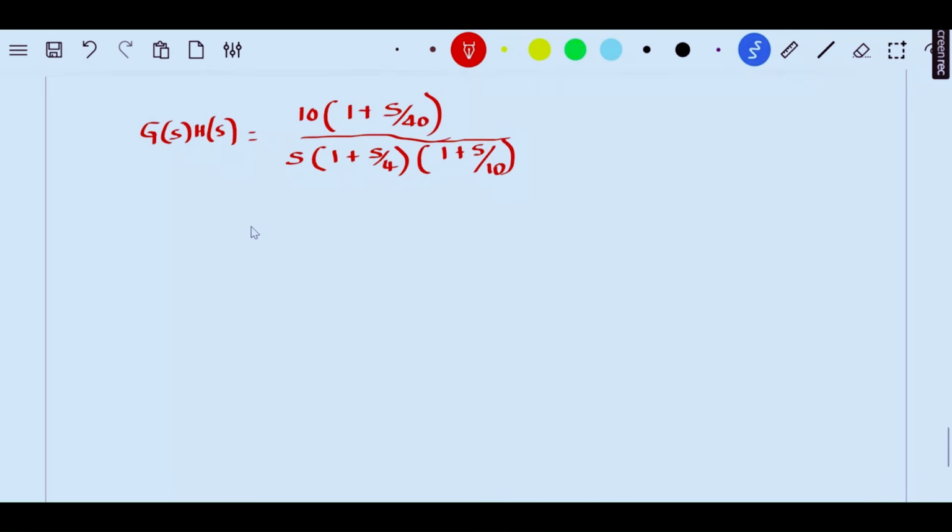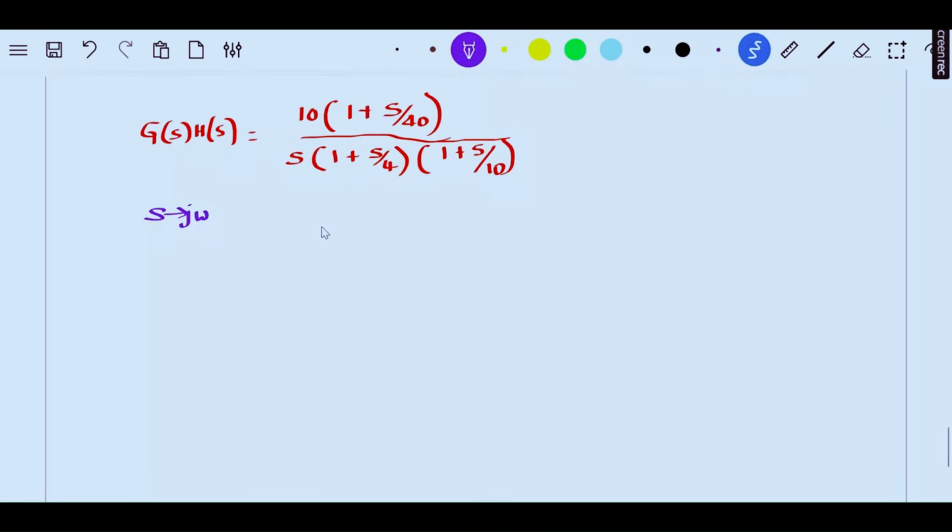Now first of all, we'll take the same question which was initially given. This was the question we saw earlier while solving: 10 into 1 plus s by 40, divided by s into 1 plus s by 4 into 1 plus s by 10. Now we will replace s with j omega, which I did earlier.